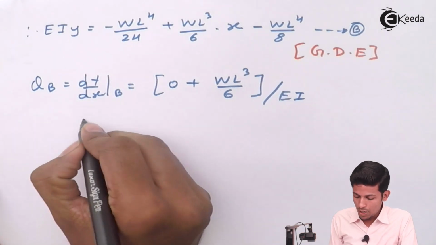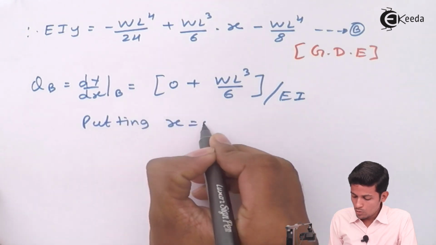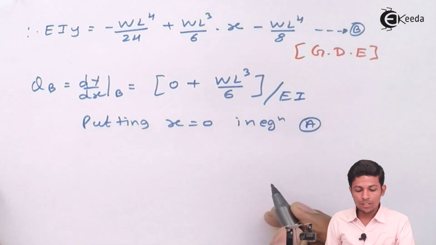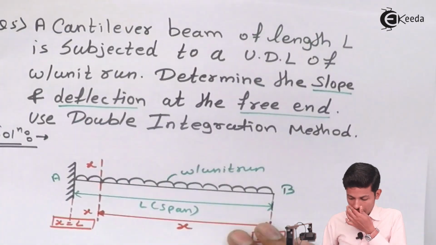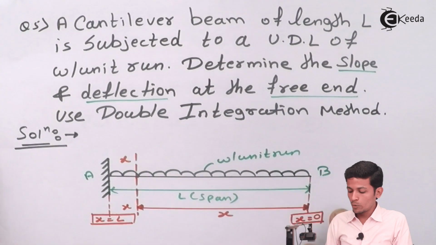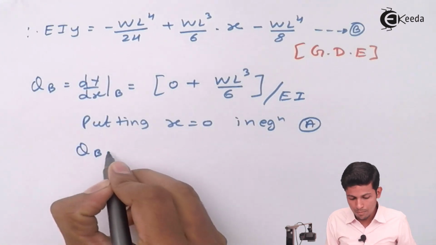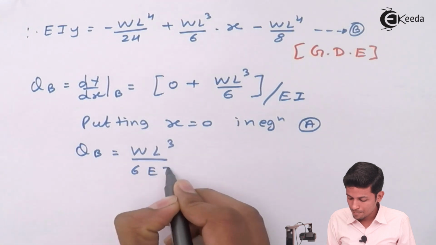Now put x is equal to 0 in equation A, the general slope equation, because we have to find the slope and deflection at B, so the x value will be 0 over here. Now we got the value of theta B as WL raised to 3 upon 6 EI.